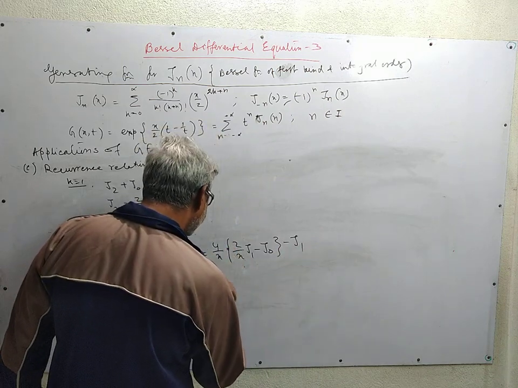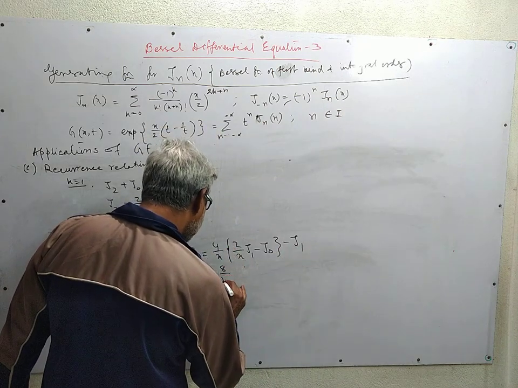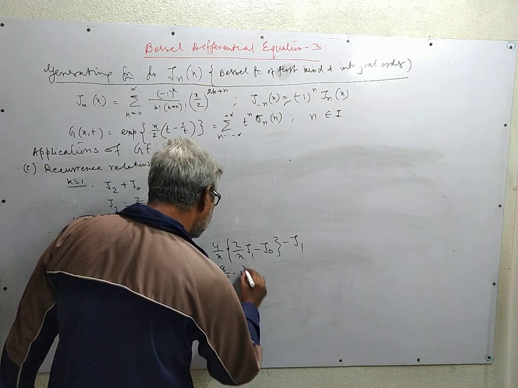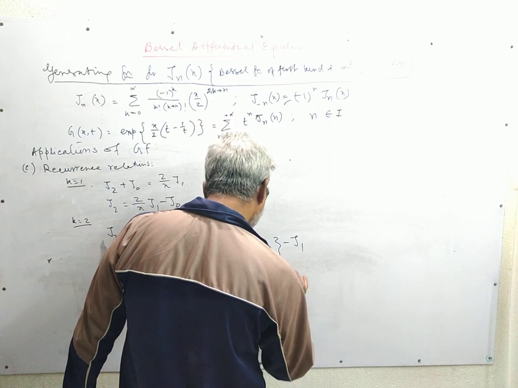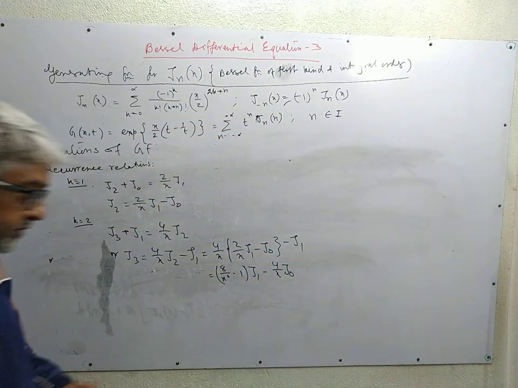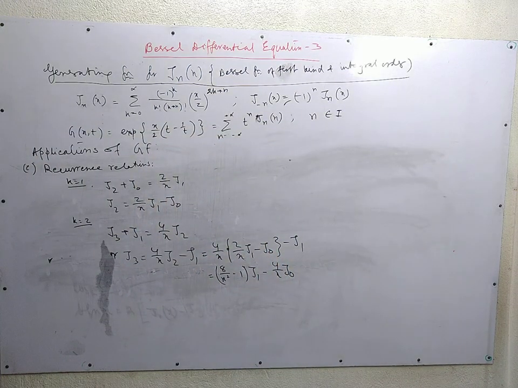So it is 8 by x square minus 1 j1 minus 4 by x j0. Let me first check the relation. Okay, in this way we can develop Bessel functions of higher orders.